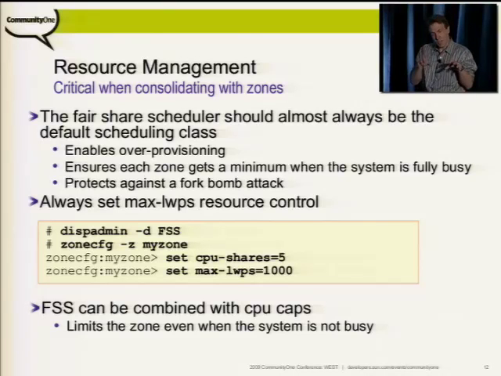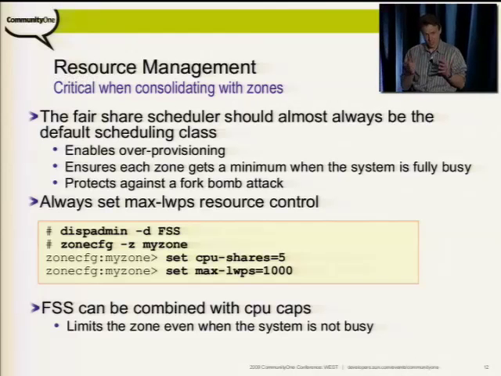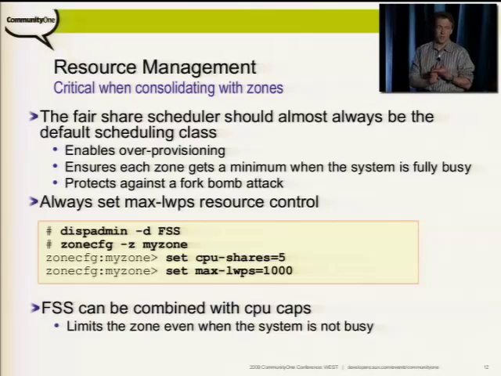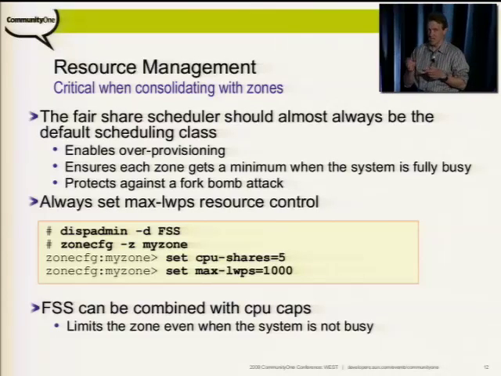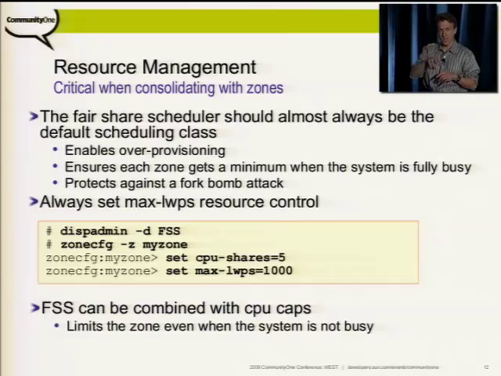If you have multiple zones running together, by default, if the system is idle, one zone can use as much CPU resource as it wants. But if all the zones have a lot of work to do, the system essentially becomes saturated and all those zones are competing to be scheduled. That's when the fair share scheduler is going to kick in and make sure that each zone gets the share of CPU resources it needs.